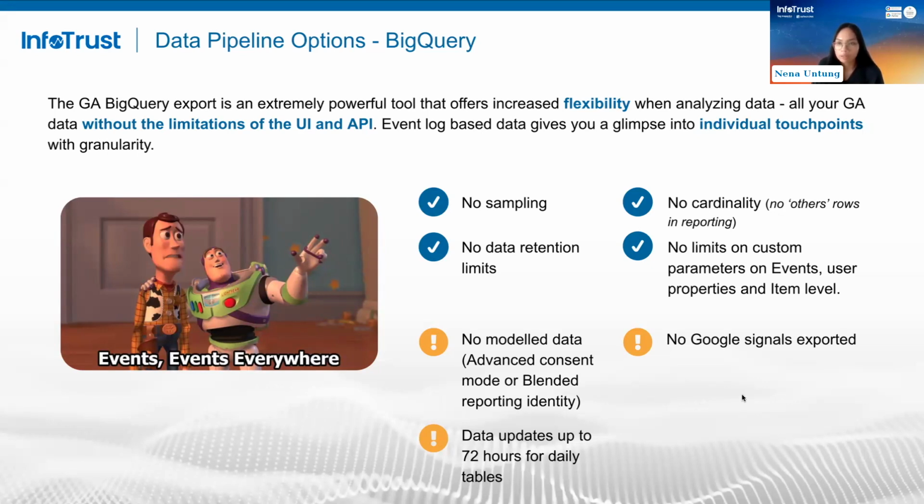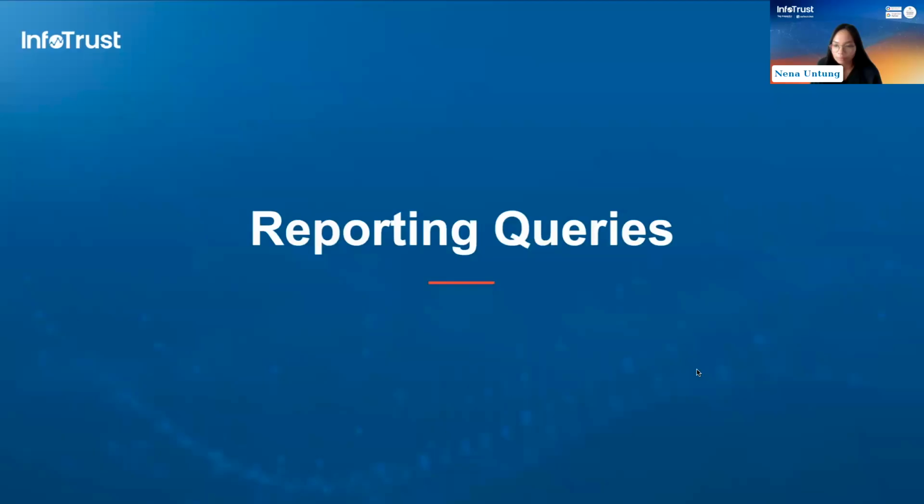And also, it generally takes up to 72 hours for the full data set to be available on BigQuery. So when you are doing reporting, the earliest reporting date that will be available on the dashboard is usually 2 days before, or 1 day before yesterday. So some things to keep in mind there.